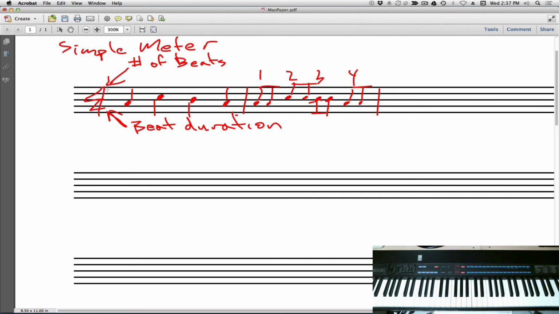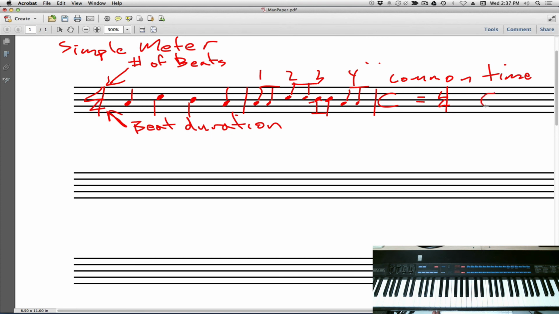And you can have different numbers. Well, not all different numbers, but you can have 4/4, and that would be 1, 2, 3, 4. 1, 2, 3, 4. Another way that sometimes you see it written is with a C. That just means common time. And that equals 4/4. Okay, I'm going to move this over a little bit. So C equals 4/4.